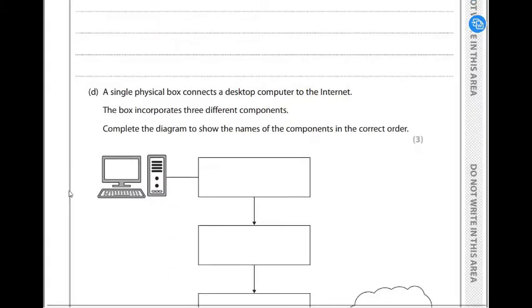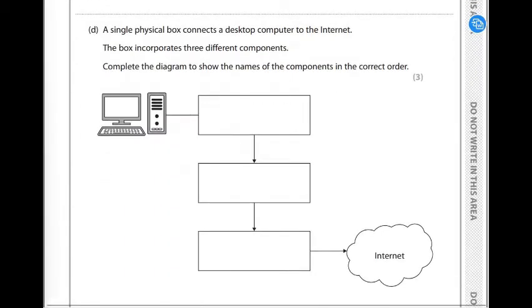Okay, let's press on. A single physical box connects a desktop computer to the internet. So the box incorporates 3 different components. So we need to complete the diagram to show the names of the components in the correct order. So we've got a computer and we've got the internet. What connects computers together?